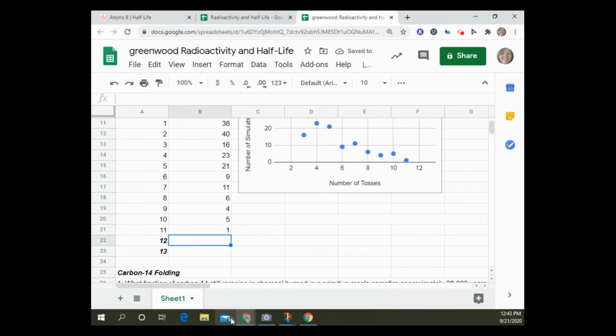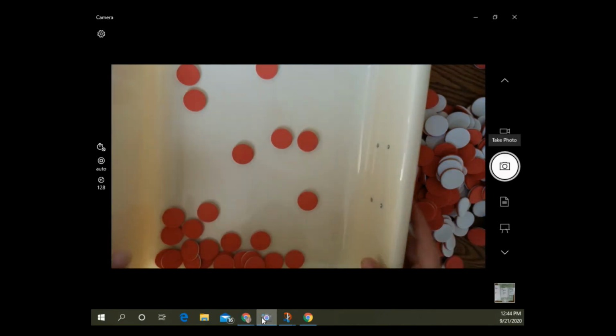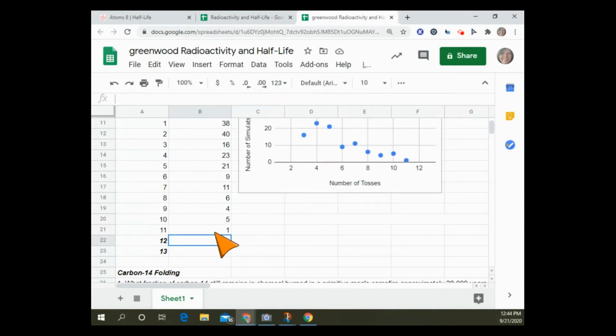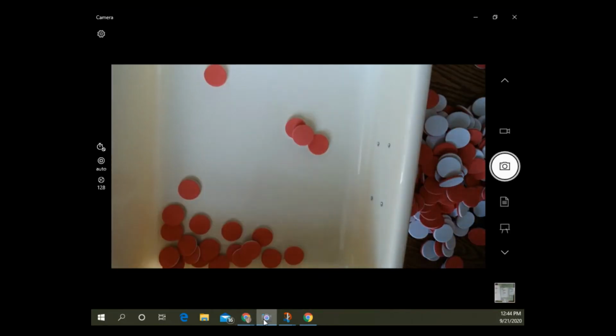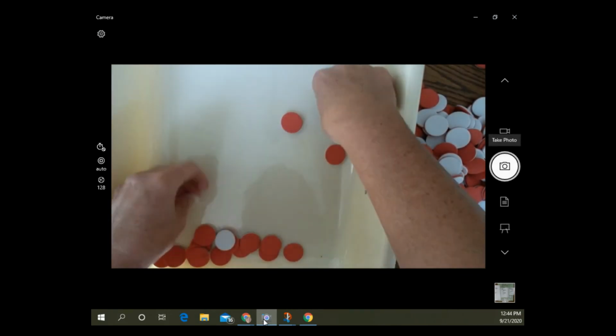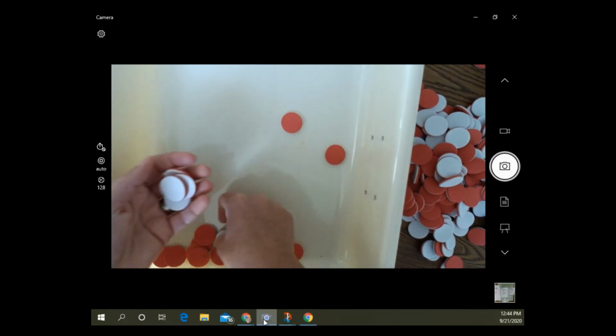And we'll go back to our camera and flip again. That time we got 4. And then flip again. And we got 4. No, 5. Yeah, 5.